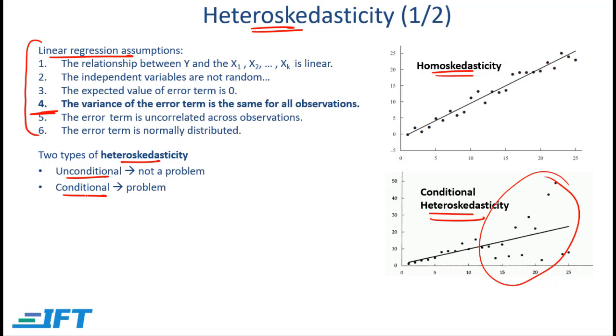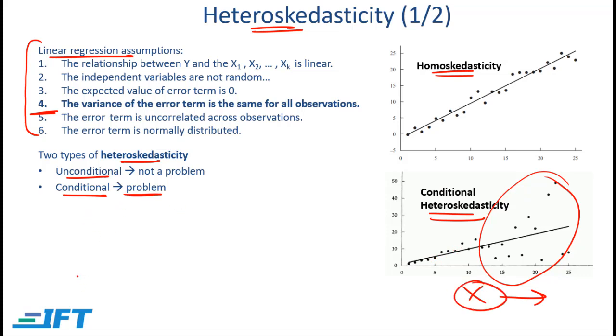With conditional heteroskedasticity, there is a relationship between the variance of the error term and the independent variable. So if you look at this diagram, as x increases, and x is our independent variable, the variance of the error term goes up. So we can say that the variance of the error term is conditional on x, and this is a problem.